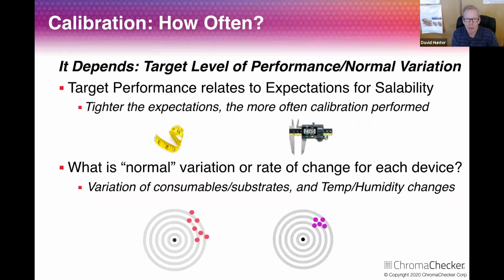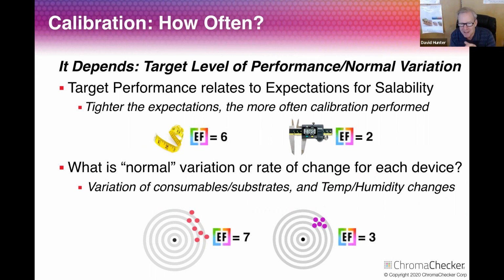And we'll talk about that here, in that, depending upon your target level of performance, you need to relate that to your expectations. So if you're using an old printed ruler, like I'm showing on the left, your expectations probably aren't very tight, as opposed to the micrometer on the right. And we can quantify this in E factor.